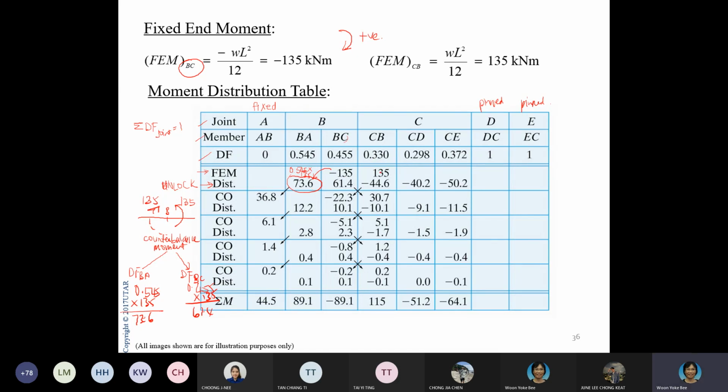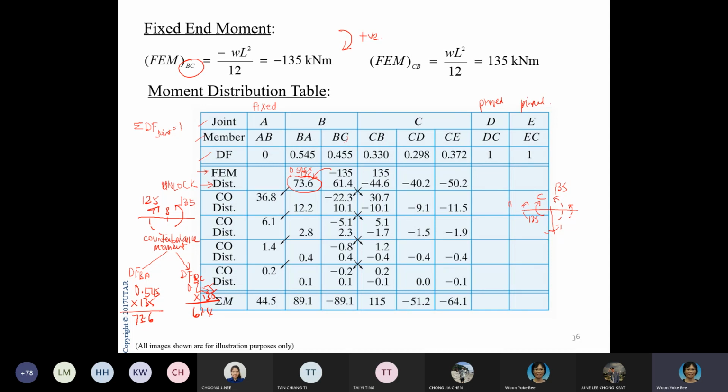Now, when you look at joint C, same thing. Joint C is slightly different in the sense that you have 3 members, right? So here you have 135 as CB. So how much is the counterbalance? Also 135. Now this 135, you must share it among these members individually, right?